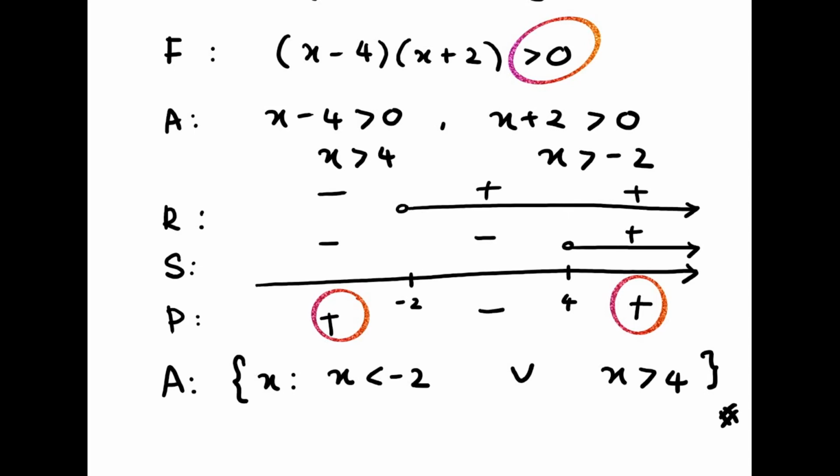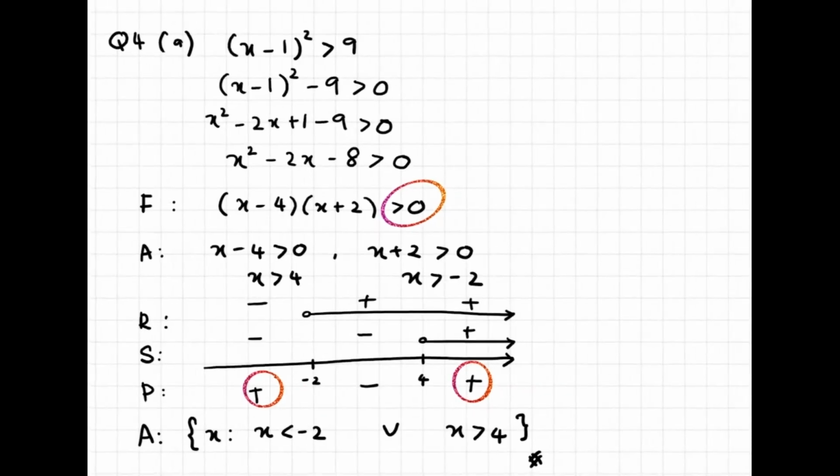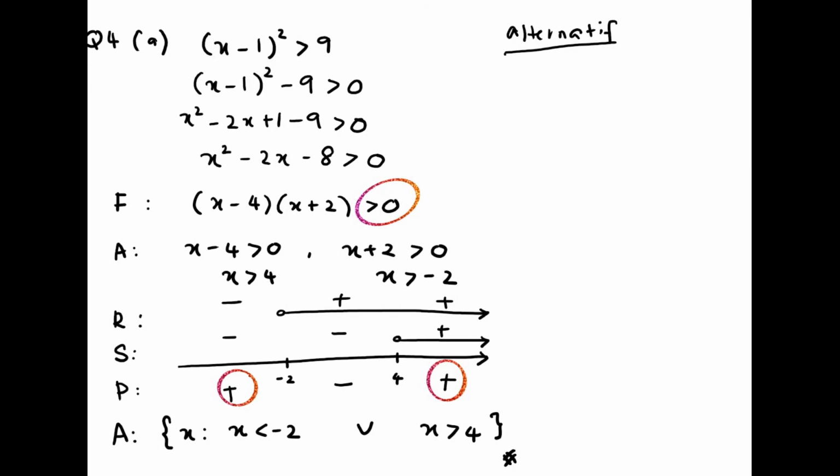Okay, that is the first method. Besides this kind of solution, is there any other alternative way that you can use in order to solve quadratic inequality? Yes, you can use the graphical method. Okay, so how would you use the graphical method? So I will take the same equation and the same inequalities. The alternative for this question, the same step until you reach the factor where you have x minus 4, x plus 2 greater than 0.